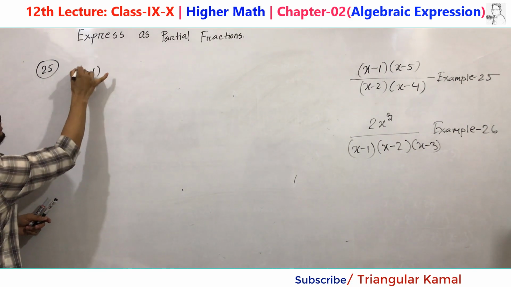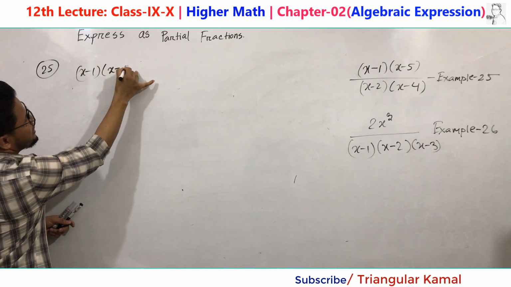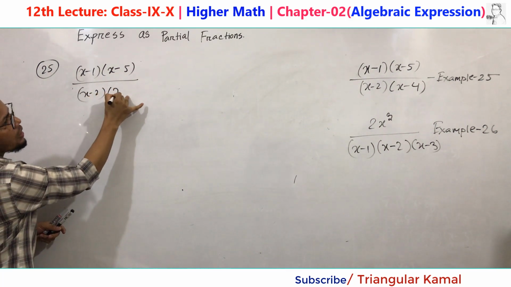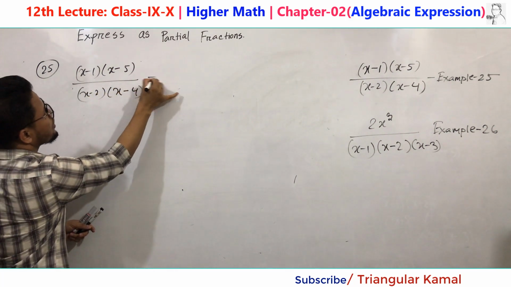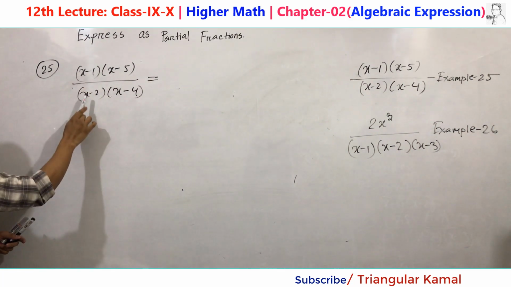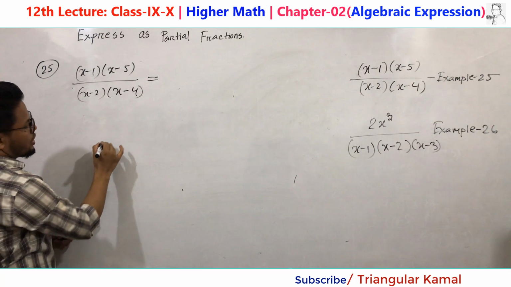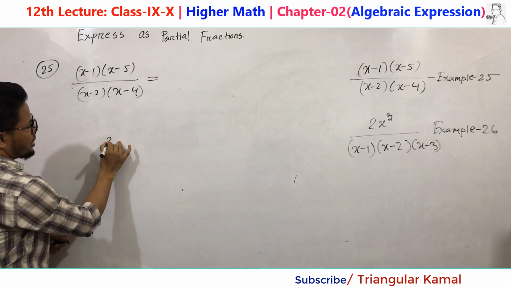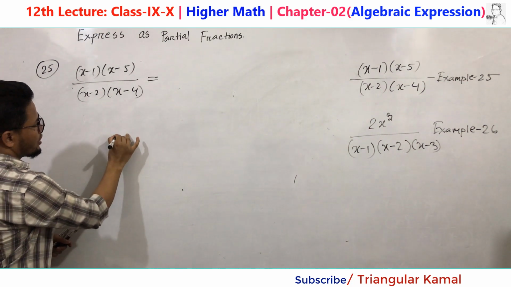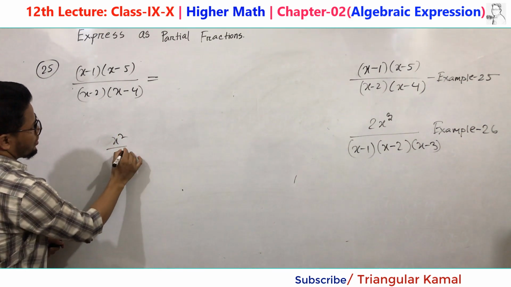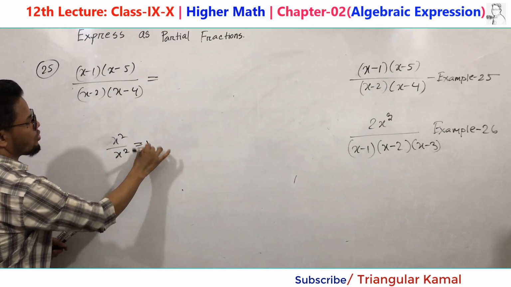x minus 1, x minus 5, and this one is x minus 2 and x minus 4. Leading power here x square, and here also will be x square. So the leading power, the first one, x square divided by x square. What will be the result here? 1.